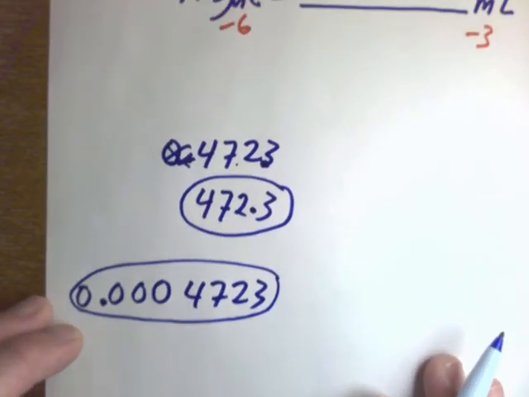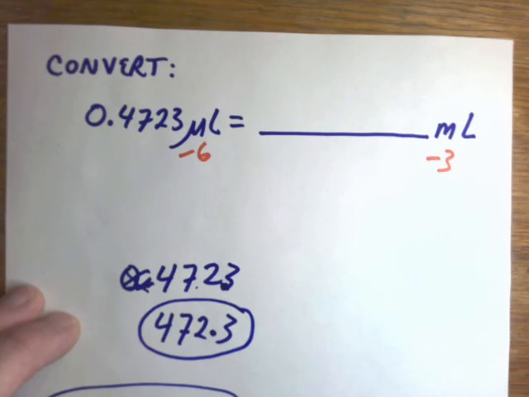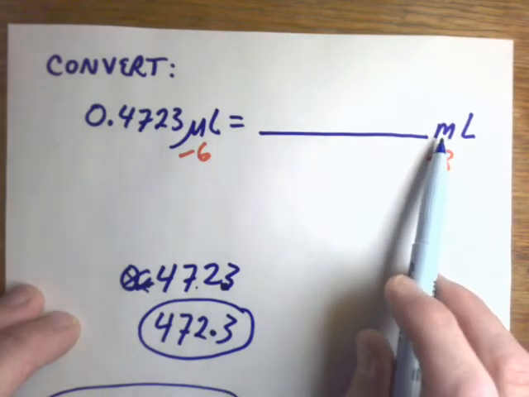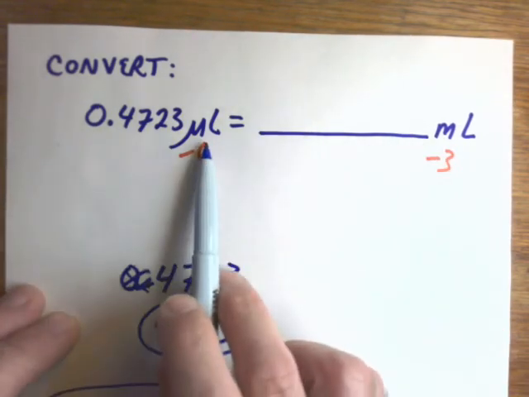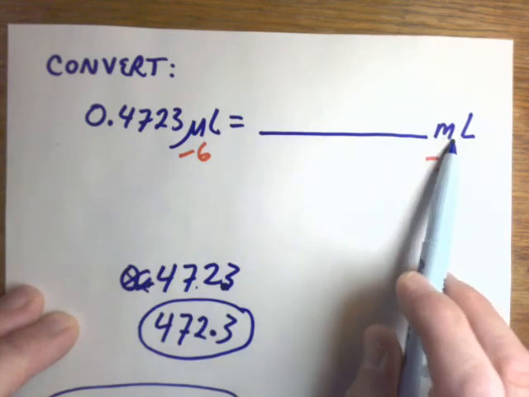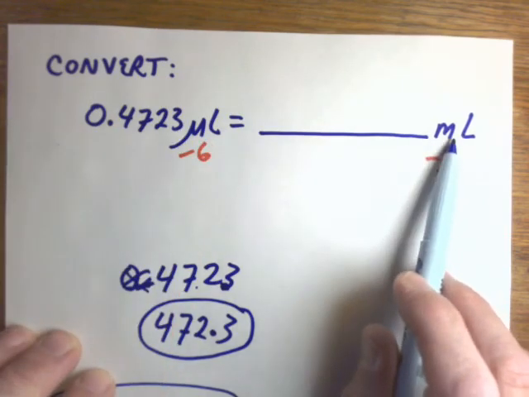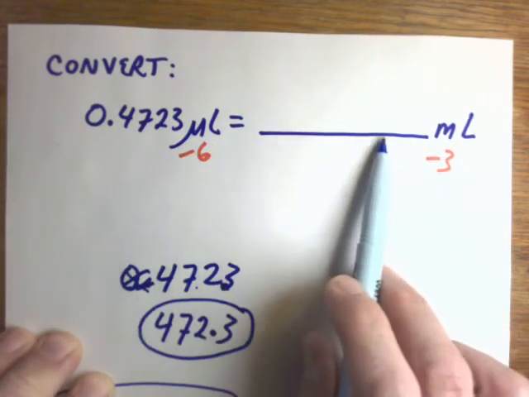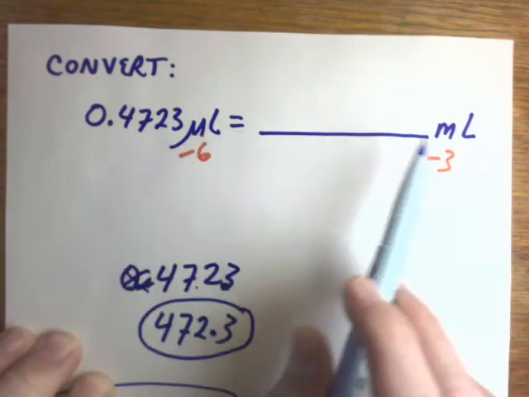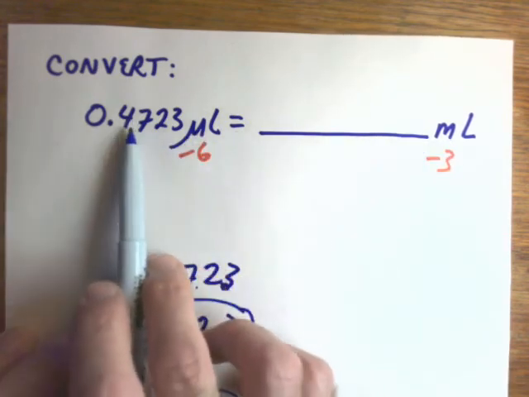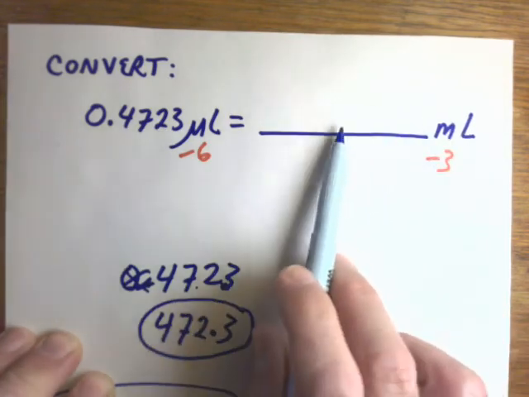How do I decide? I look back at the problem. Milliliters are larger than microliters. That's a larger unit than this. The larger unit should have a smaller number in front of it. The smaller of the two units should have the larger number in front of it. So a larger unit gets a smaller number.